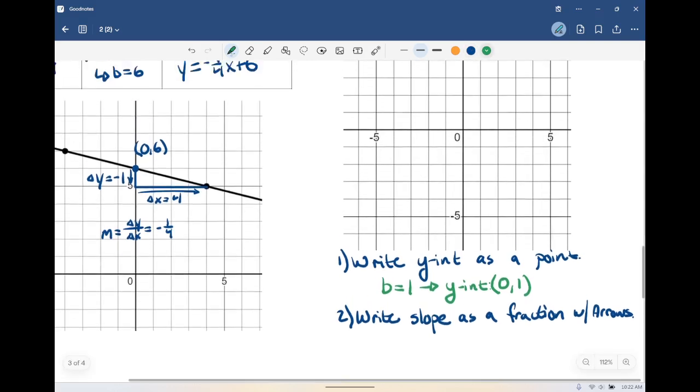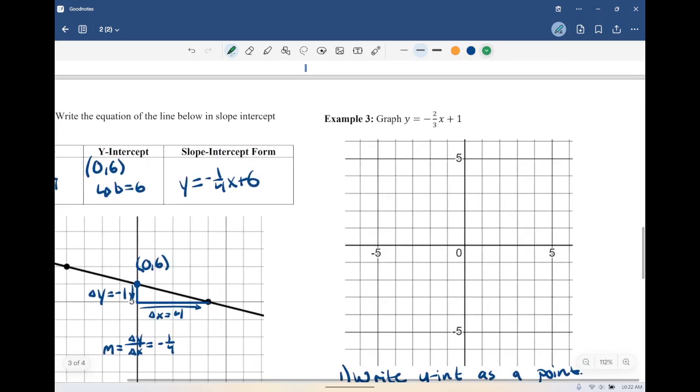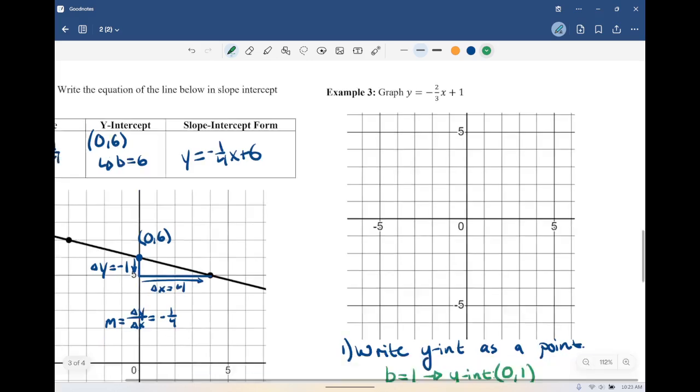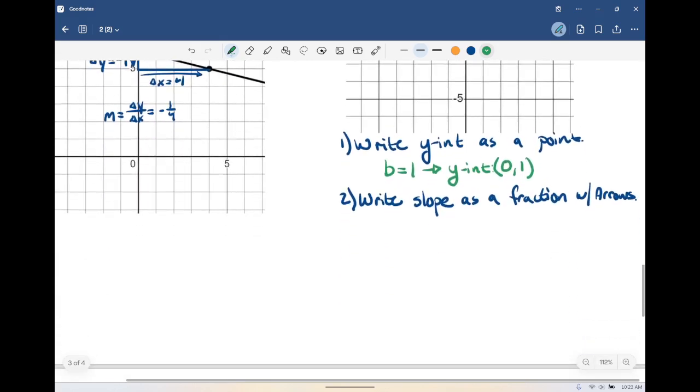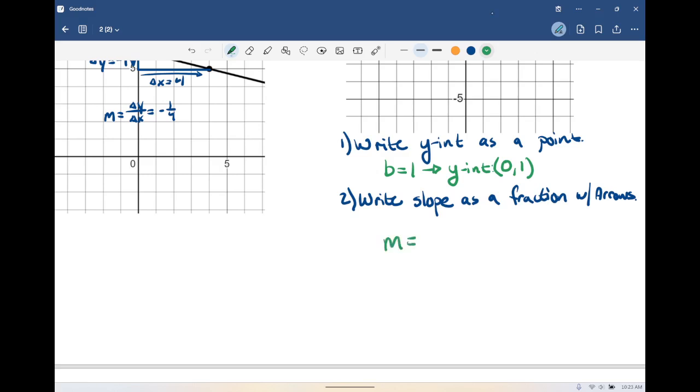If I look back up, is my slope positive or is my slope negative? Just say it. Negative. It's negative. And so when slope is negative, I'm going to assign that negative sign to my numerator. And so m is actually negative 2 over 3.